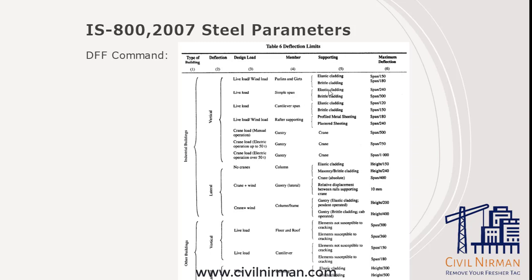We have two supporting criteria, elastic and brittle cladding. We'll be considering an elastic structure, so the span divided by 240. That's the maximum displacement value, 240, for our simply supported span.